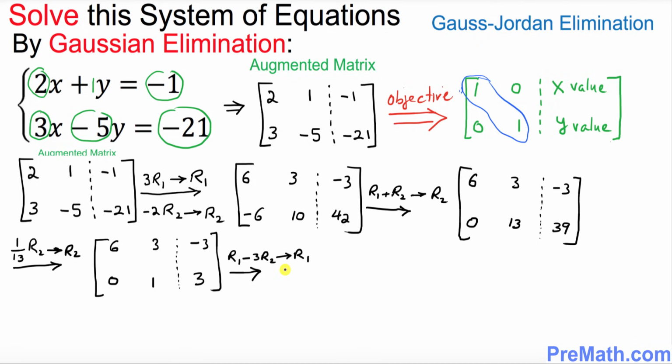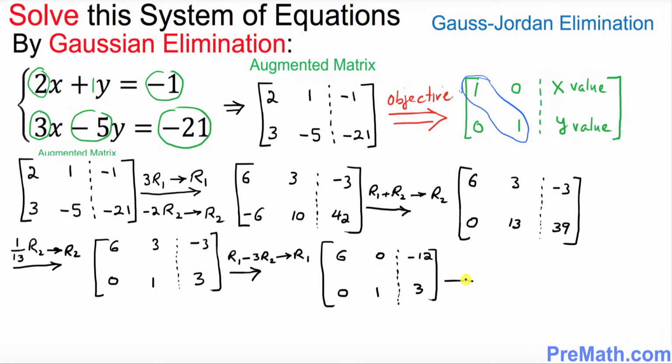So that's going to look like 6, 0, negative 12, and this is going to stay same, 0, 1, and 3.